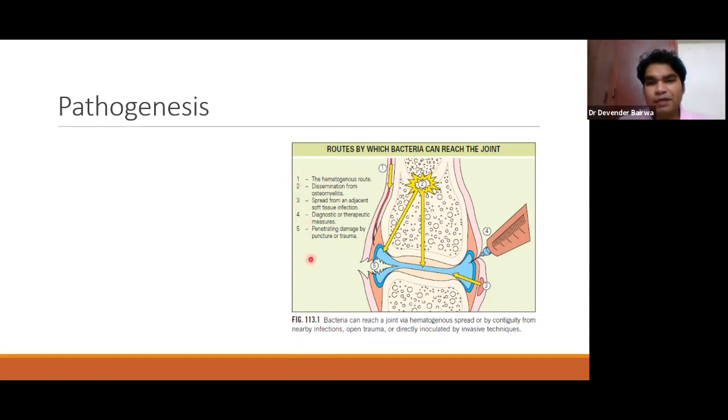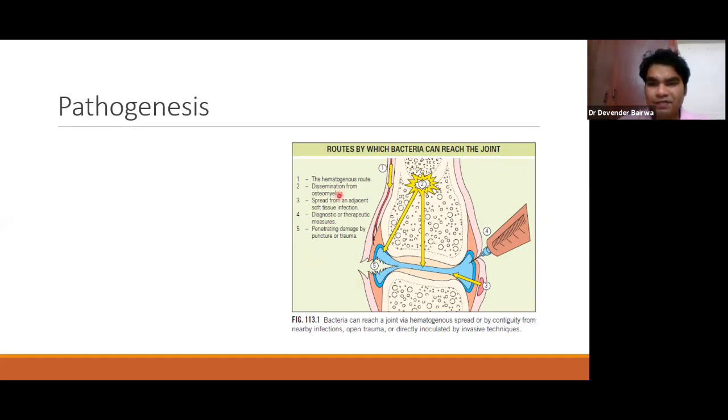Apart from that, there can be dissemination from contiguous osteomyelitis. There can be spread from an adjacent soft tissue infection, or sometimes there will be a history of some therapeutic or diagnostic procedure like arthroscopy or intra-articular injection, or there can be a direct penetrating or puncture trauma to the joint.